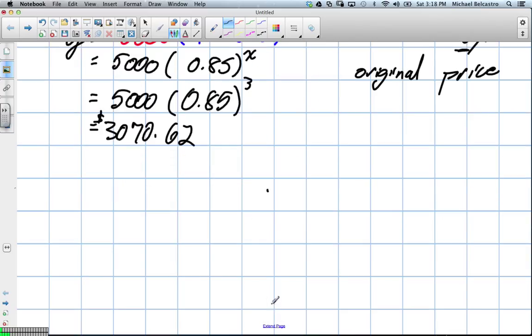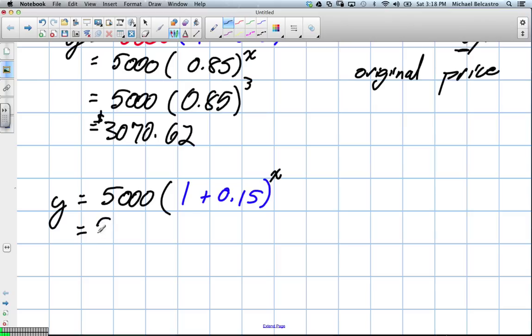A common idea in this case would be to go, okay, well, if it was depreciating at 15%, and our initial value is $5,000, then our new b must be 1 plus 0.15, to the power of x, which will give us 5,000 times 1.15 to the power of x.